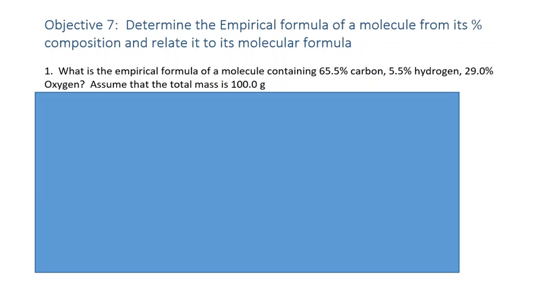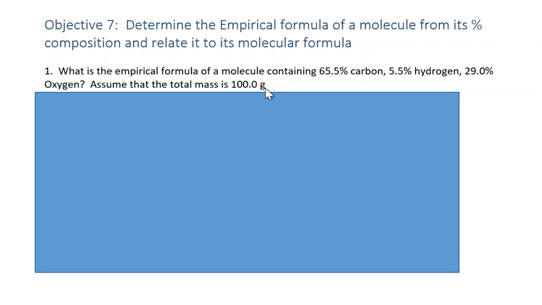All right, here's a question. What's the empirical formula of a molecule containing 65.5% carbon, 5.5% hydrogen, 29.0% oxygen? The way you solve a problem like this is you make an assumption on the front end that the total mass of the compound is going to be 100 grams.